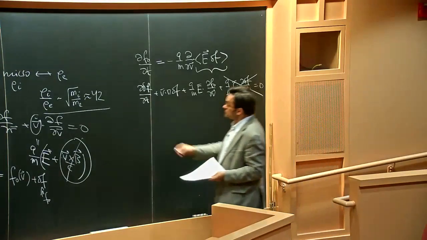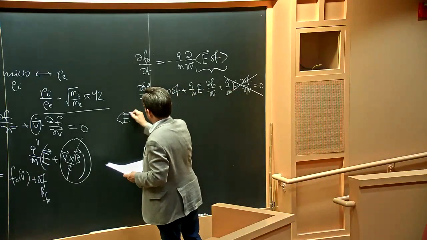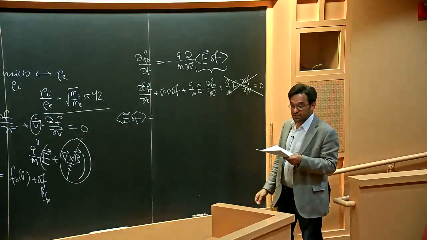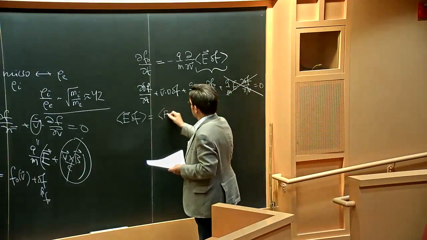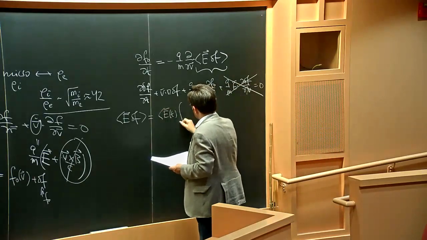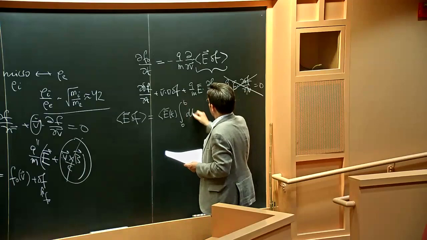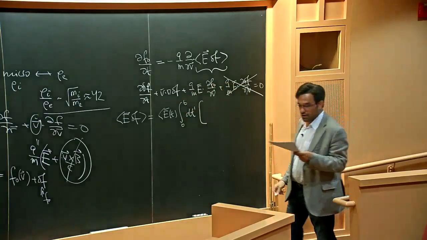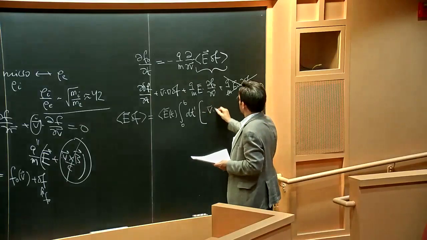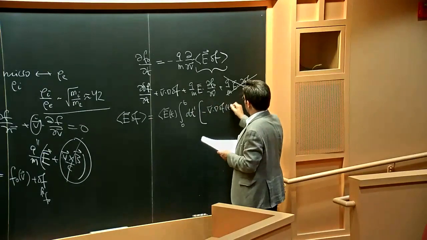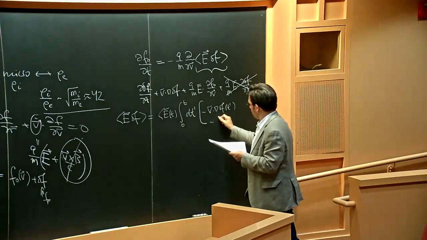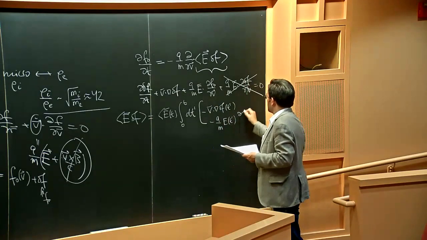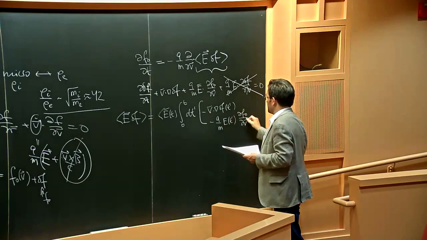What I can now do is the promised identical calculation to before, where if I want to calculate E times delta F, I say E of t, integral from 0 to t dt prime, and now I'm going to integrate this equation in time again. So this is going to be minus v dot grad delta F of t prime and minus q over m E of t prime dF naught by dv.